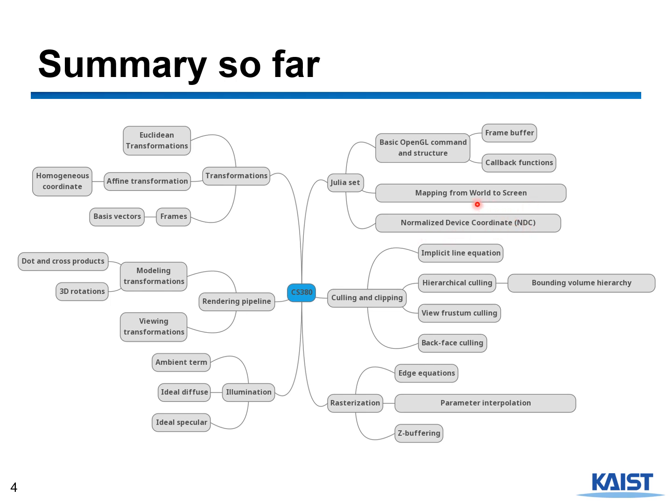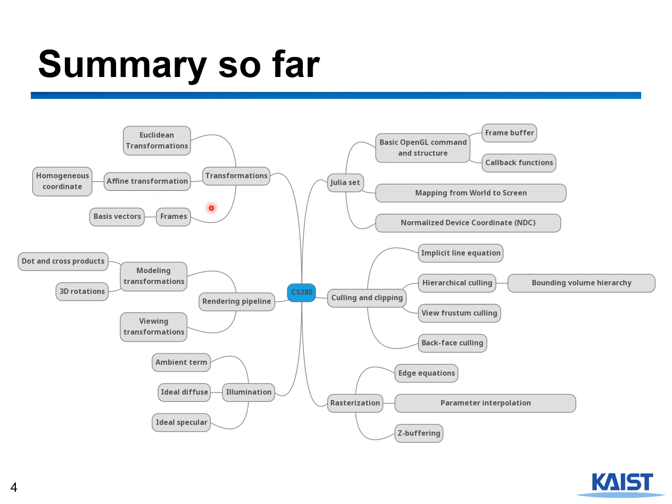We briefly touched on the basic OpenGL command structure with the frame buffer and callback functions. Then we talked about many different types of transformations, including Euclidean and affine transformations. You probably recall homogeneous coordinates, and then we introduced basis vectors to talk about frames.